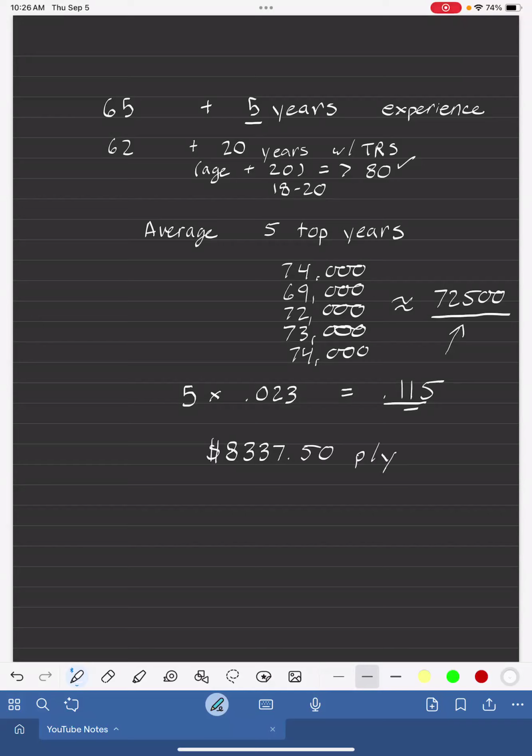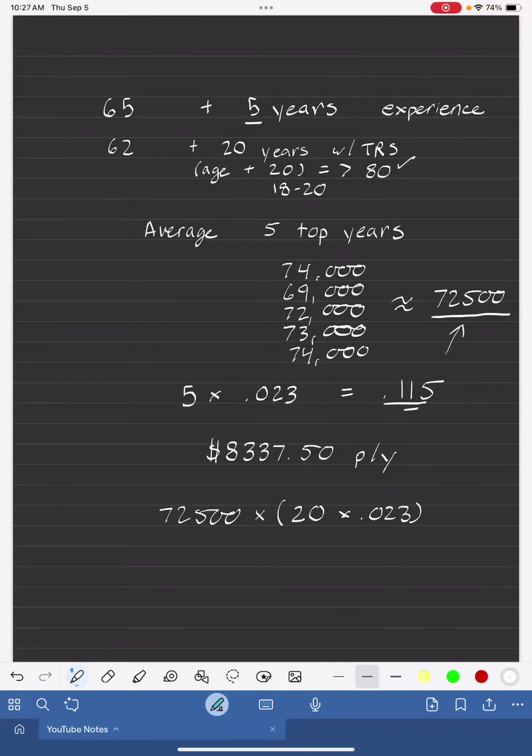Now let's look at the case of being age 62, and let's say you have 20 years. So we're going to go with the same salary. So we're going to have the 72,500. And then what we're going to do is multiply it by now 20 times 0.023.